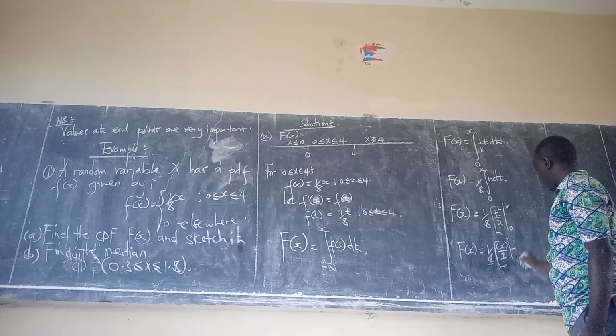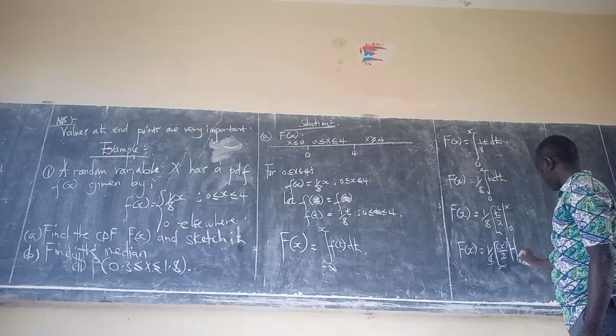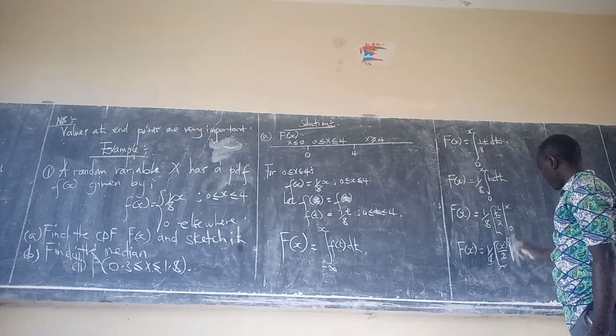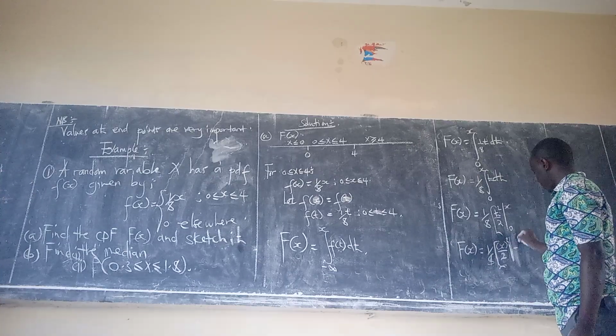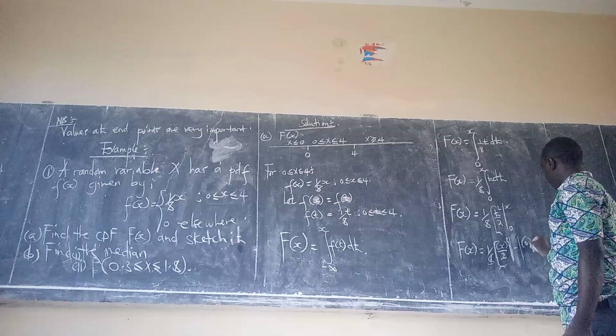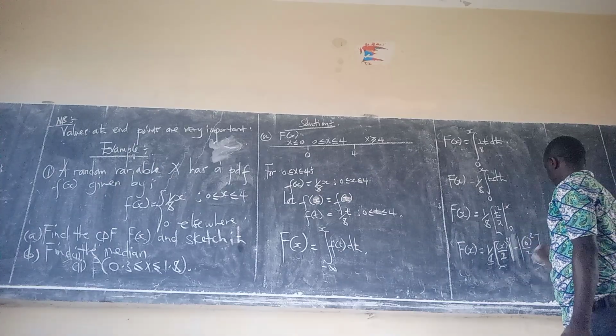Then put in the lower limit. We use these lines; the line signifies that you're done with putting in the upper limit, and now you want to put in the lower limit. We are going to have 0 squared over 2.